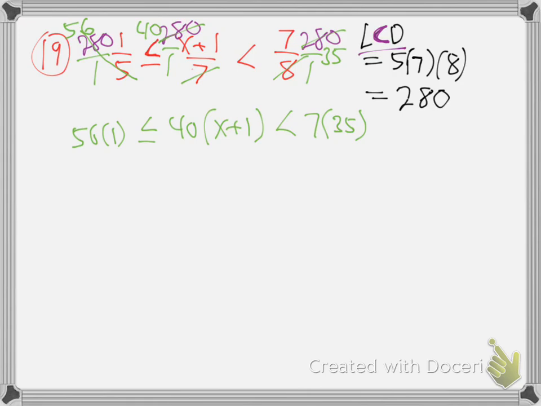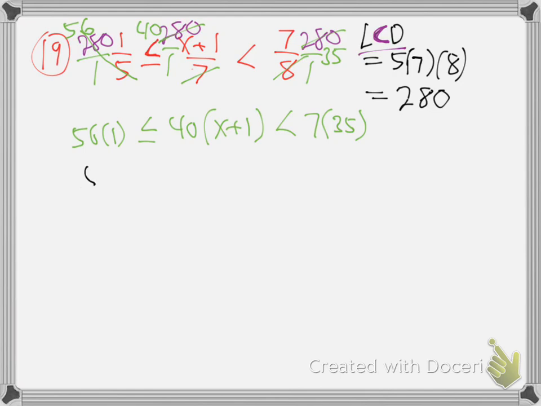So you got to cross-cancel, because the 280 is over 1, and then multiply what's left over. Is that okay? And then the rest is pretty regular, I think.